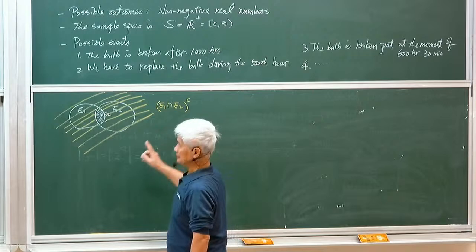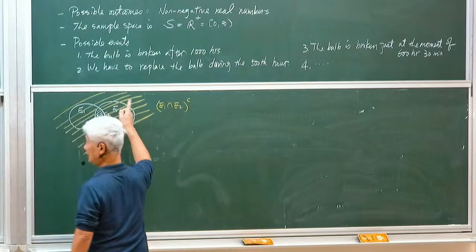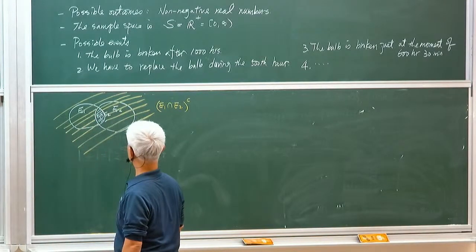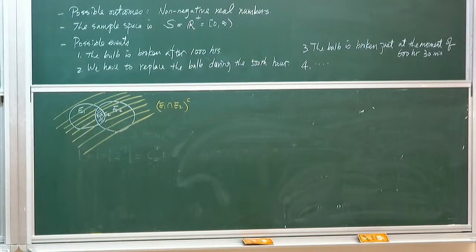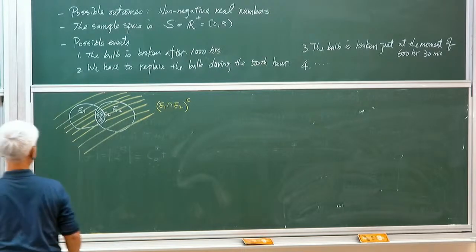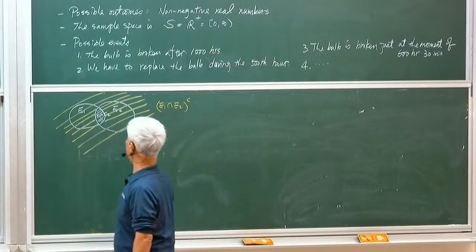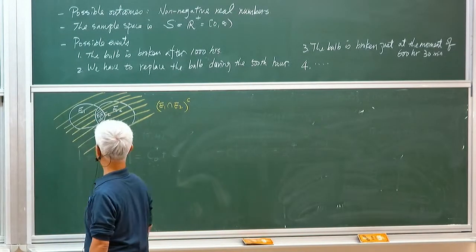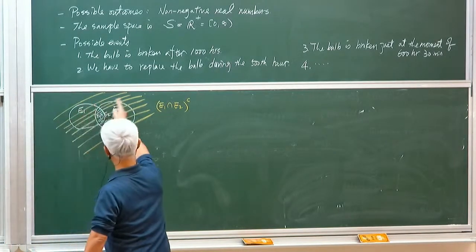And X is not in the complement of the intersection. So X is not in the intersection. Right, and so X is in the yellow part.